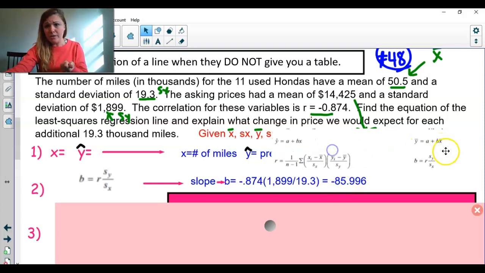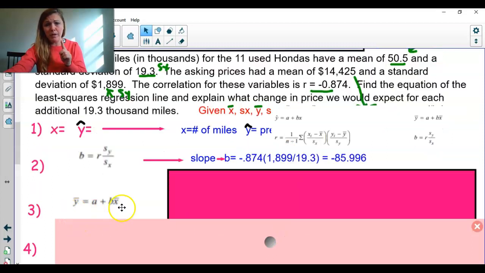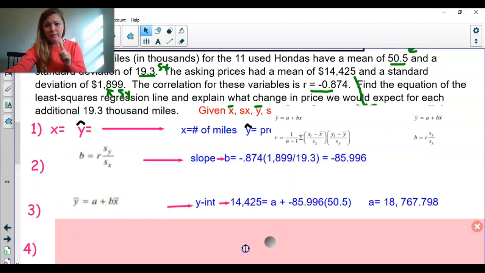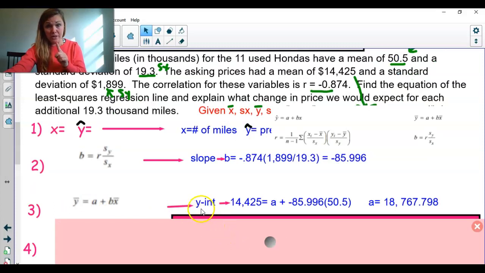So that was that equation right there on your formula sheet. The next thing I'm going to do is go up on my formula sheet and I can see, hey, I know my slope right now. I also know my average of X and my average of Y. I'm going to plug that in and solve for A. That's going to give me my y-intercept for my regression line. So step three, we're going to use this formula right here to find that y-intercept. I know Y bar.